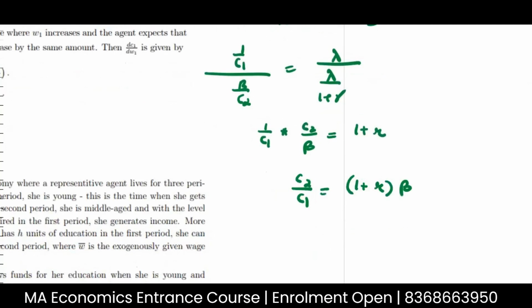So you will get C2 is equal to 1 plus R into beta into C1. This is your equation.